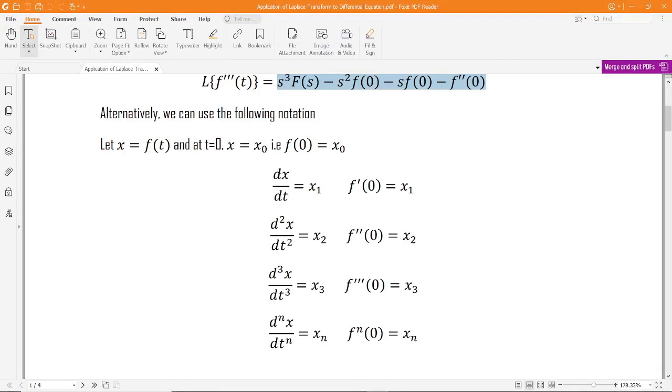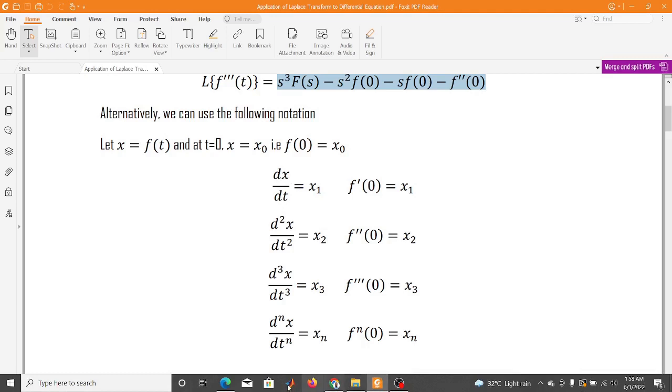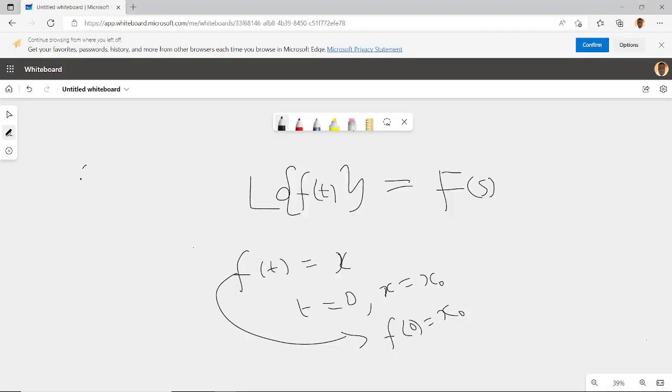So if you differentiate x with respect to time, that's dx dt, you have x1. So you're saying if you are differentiating x with respect to time, dx dt, the output is x1.